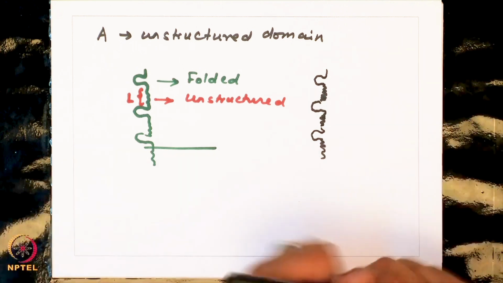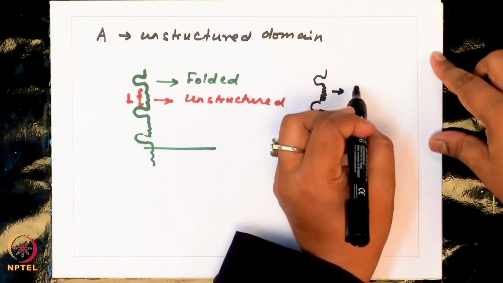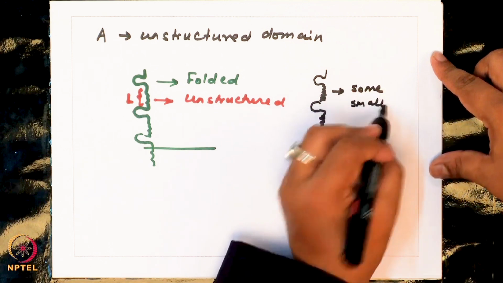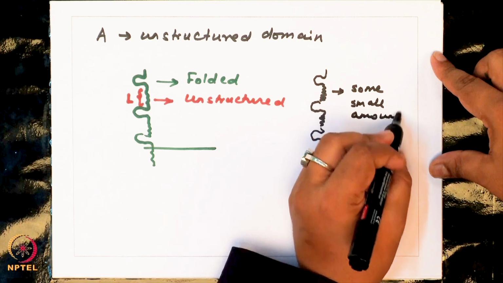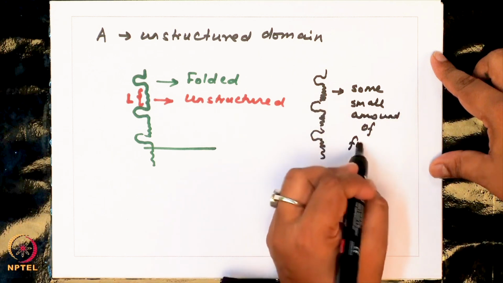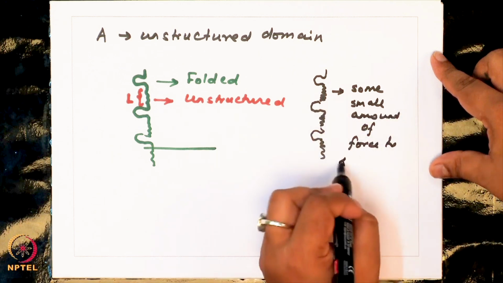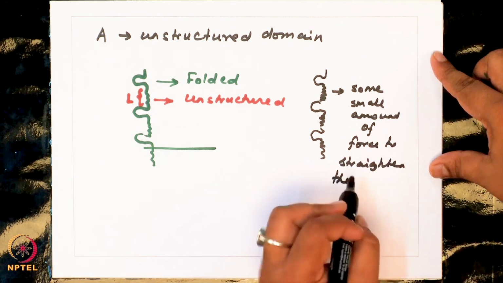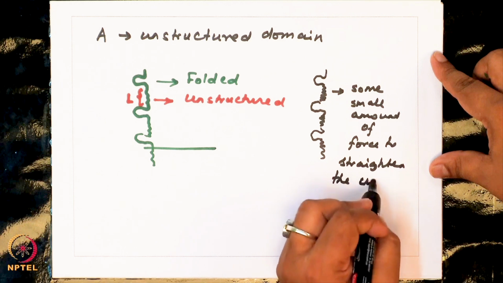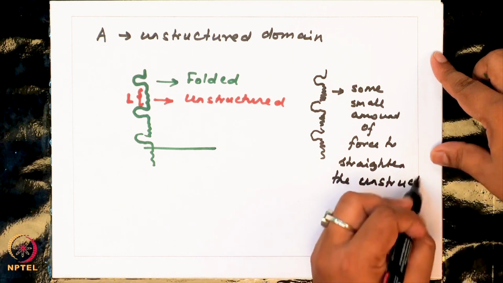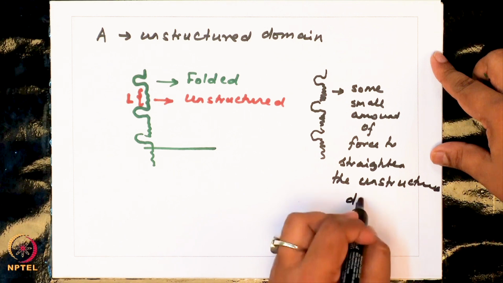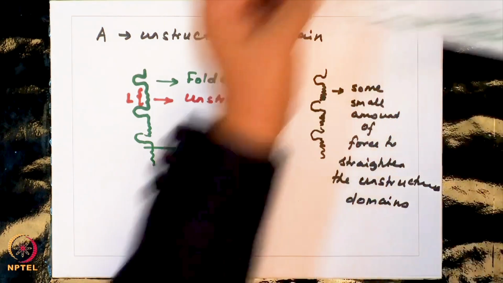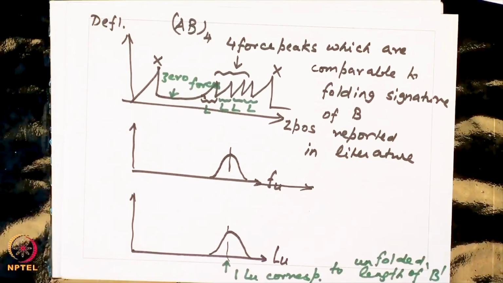You would still require some small amount of force to straighten the unstructured domains. So, in that case, what does this length correspond to?